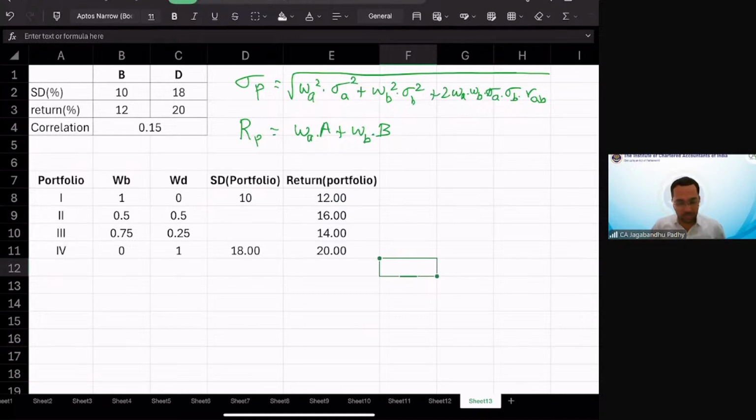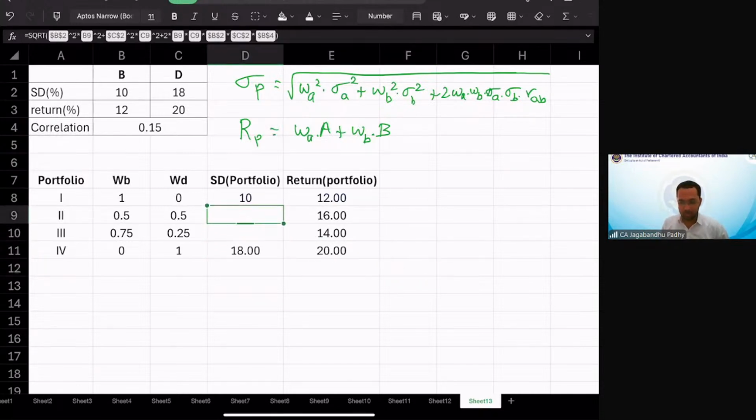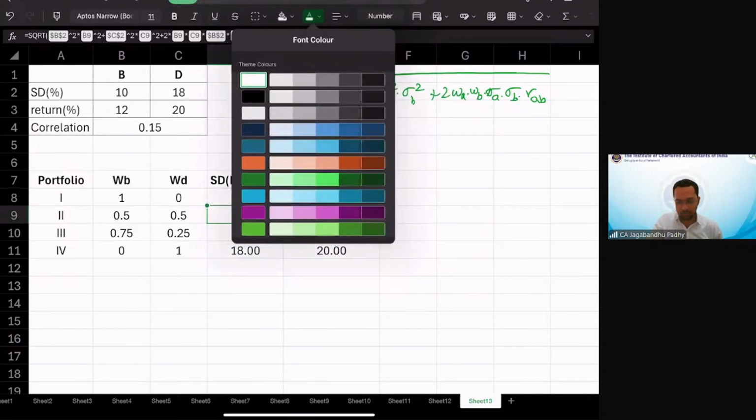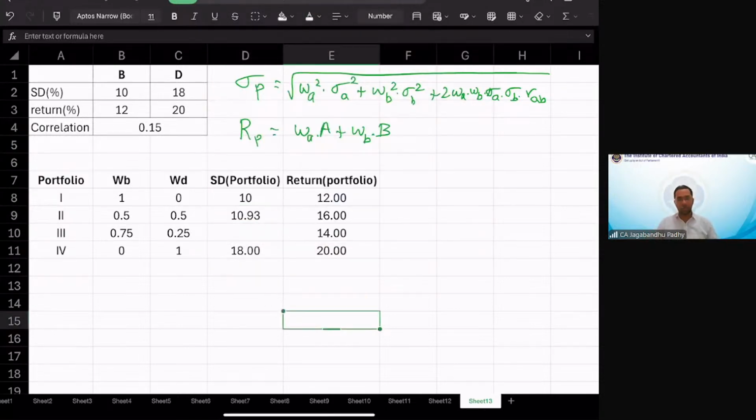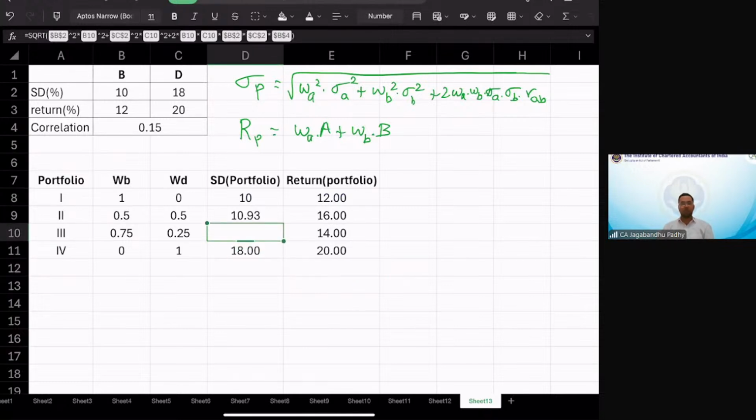The real thrill is in calculating the standard deviation. Okay, so this is 10.93. Given the standard deviation for the second portfolio, and third is 9.31.